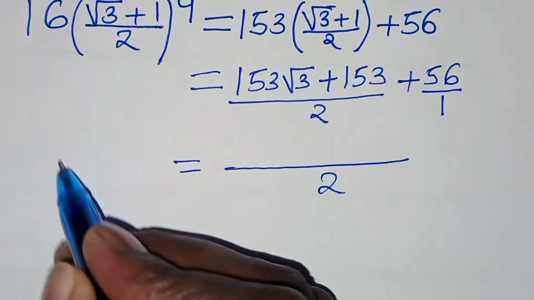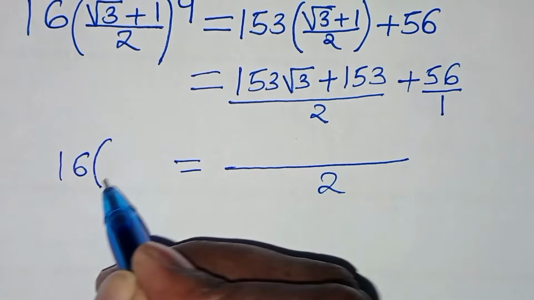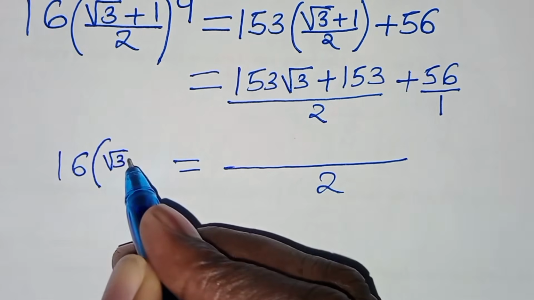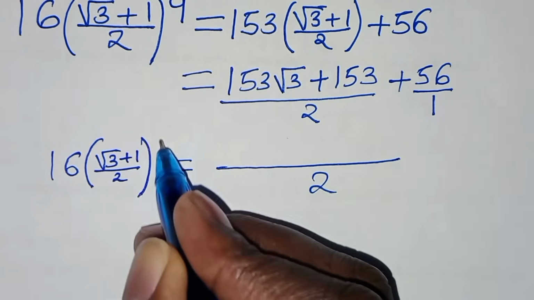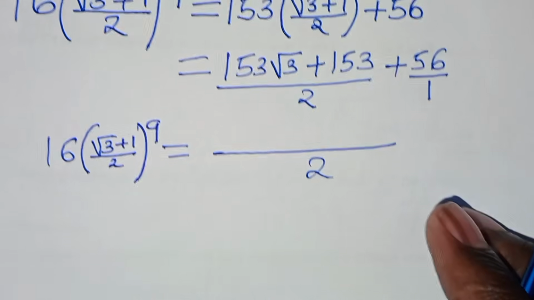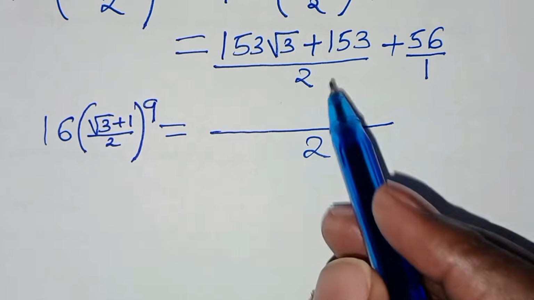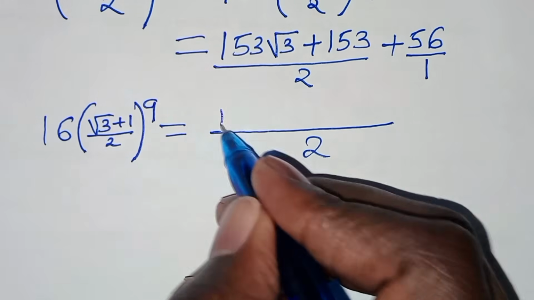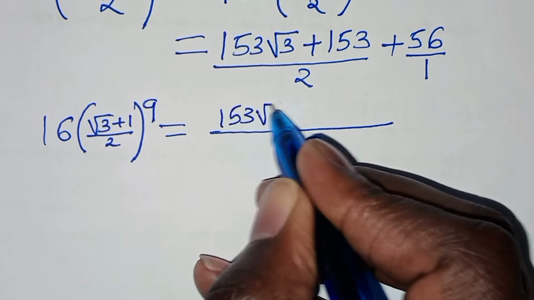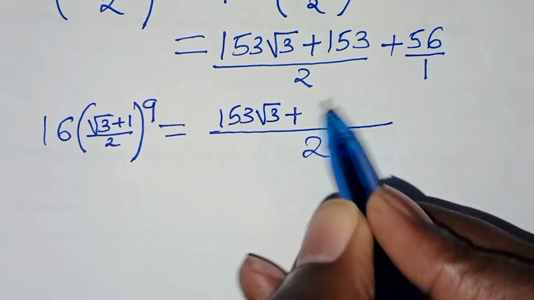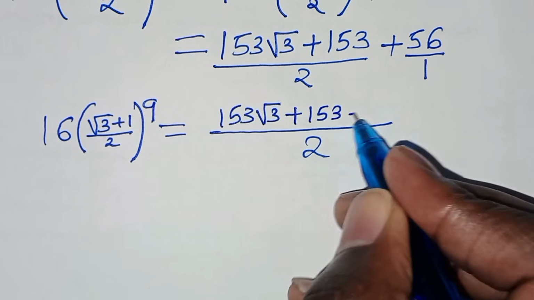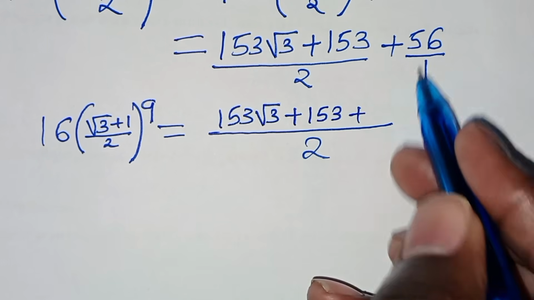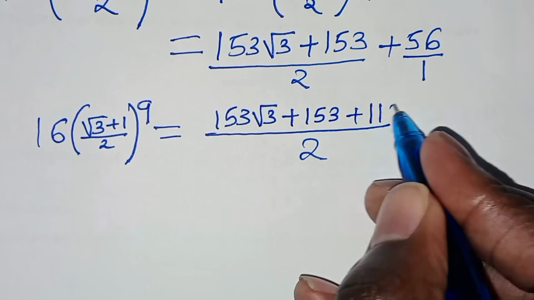So here we have 16 into the bracket square root of 3 plus 1 over 2, everything raised to the power 9. So 2 divided by 2 here is 1. So here we'll have 153 square root of 3 plus 153. Then plus 2 divided by 1 is 2, 2 times 56, this is 112.